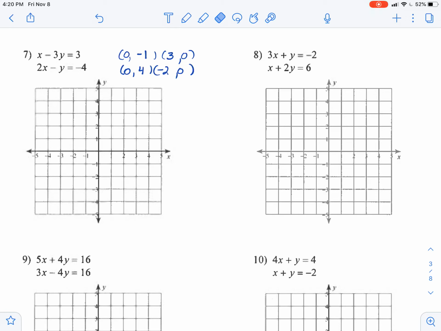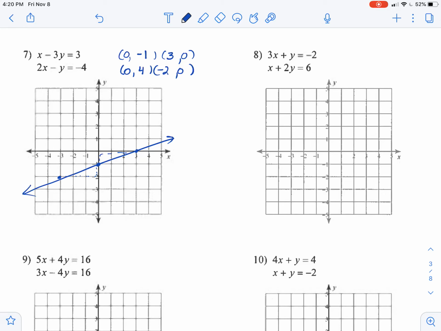Okay, so now I'm going to just graph those. So I have 0, -1. I have 3, 0. Okay, and if you need more points, if you look at this, I have a slope here of rise 1, run 3. And so I could do the opposite and get me another point if you need it. Okay, there we go. Now I'm going to do the next one.